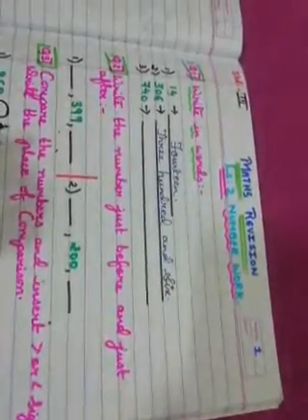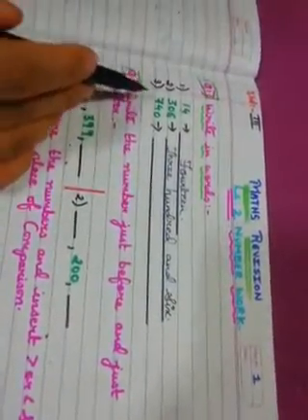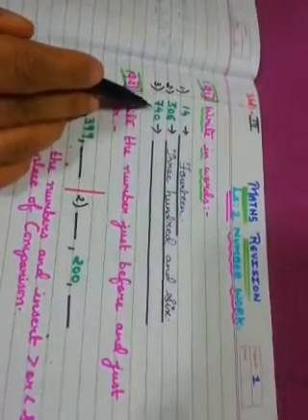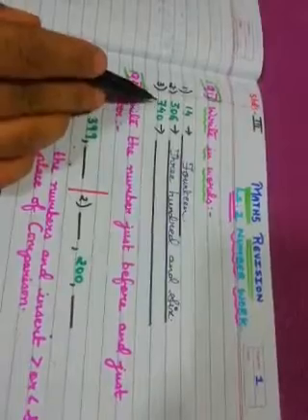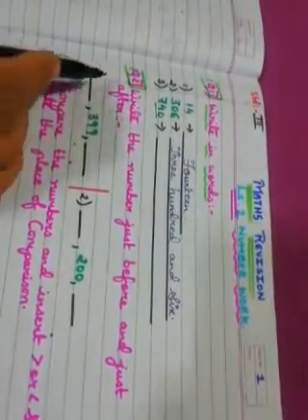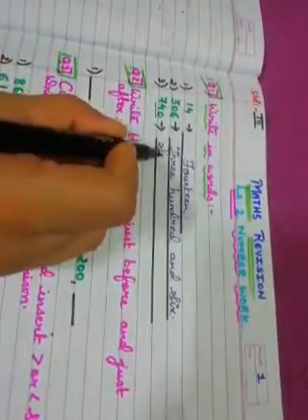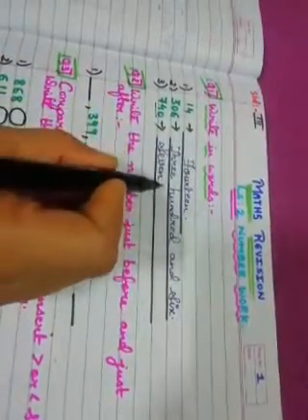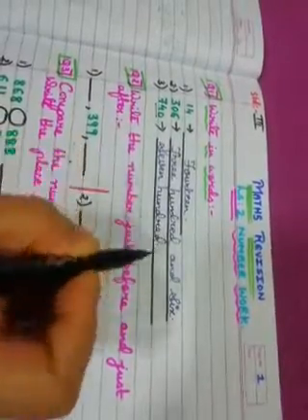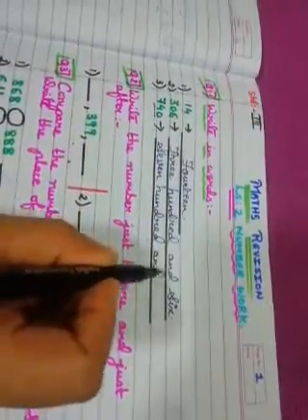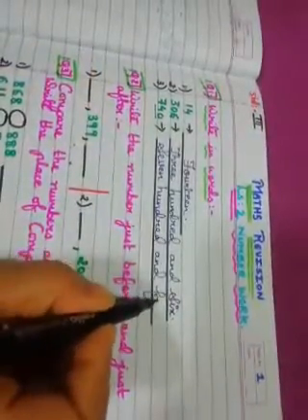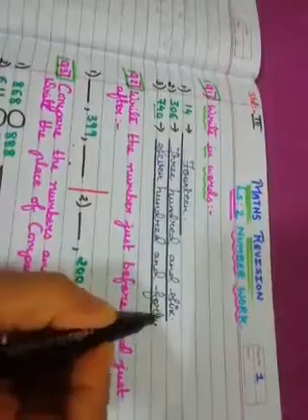Okay, the next third one, 740. This number is read as 740. So 7 is seven hundred and 40 is forty.